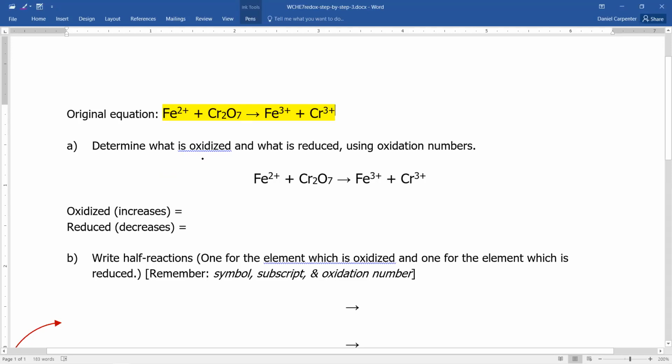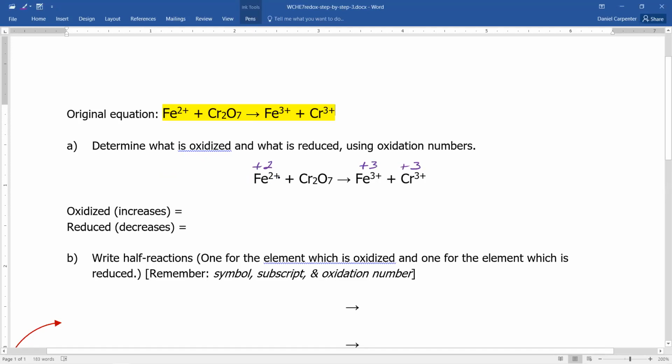So first step determines what's oxidized and what's reduced using oxidation numbers. So ions are the same as their charge, so that would make that +2 and that +3 and that +3.